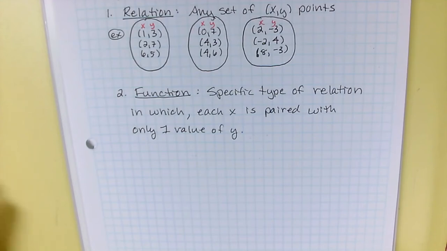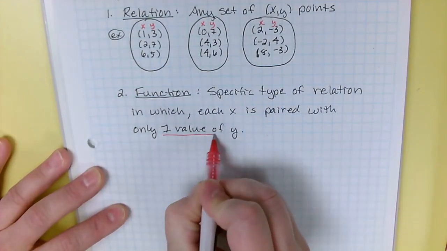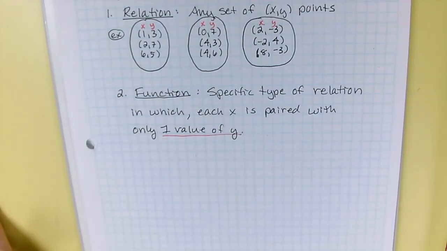The key part is it can only be paired with one value of Y. It cannot be paired with another value of Y.